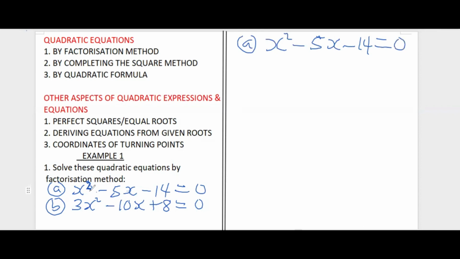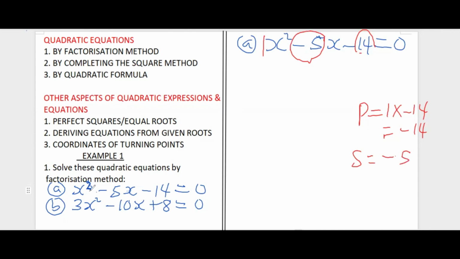What we simply do is check the coefficient of x squared, which is 1 here, and the constant, which is negative 14. So your product is 1 times negative 14, which is minus 14. Then the sum is the middle term, so the sum is minus 5.